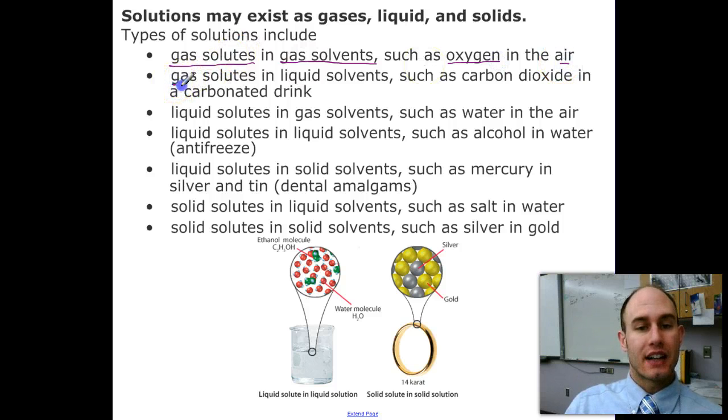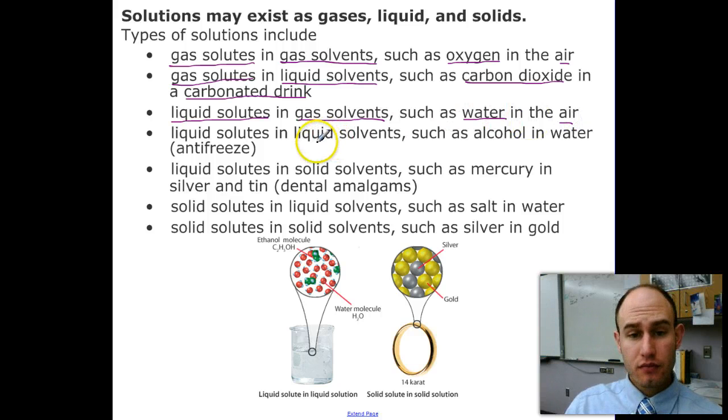We also have gas solutes in liquid solvents, like CO2 dissolved inside of a soda or carbonated drink. We have liquid solutes that can dissolve into gas solvents, such as water vapor in the air.